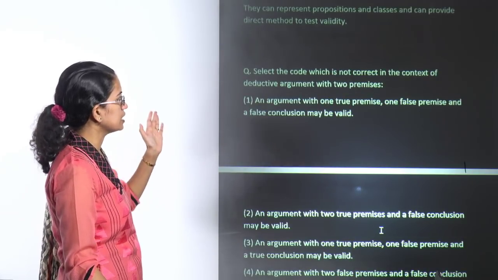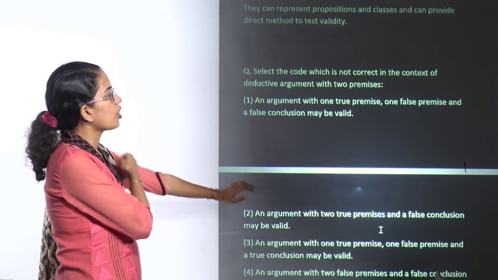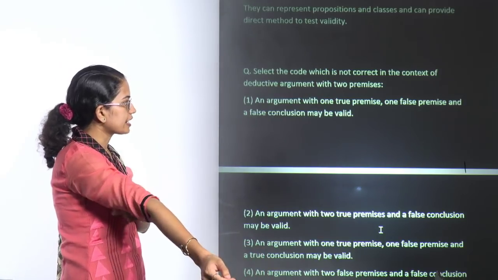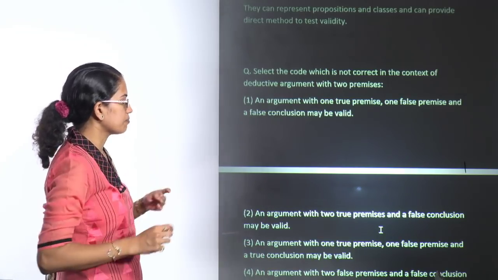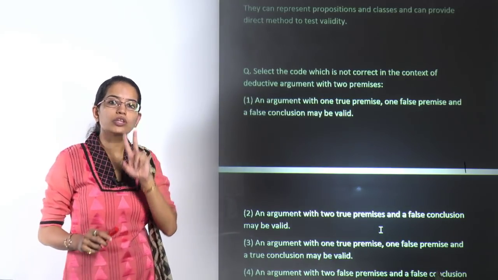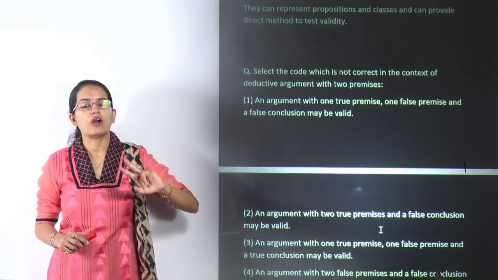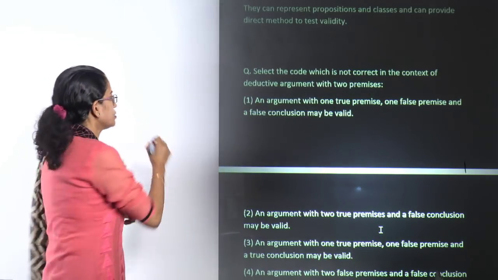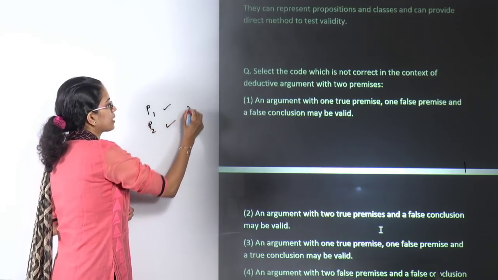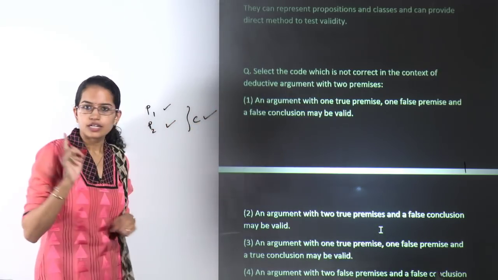So third becomes an incorrect option for this question. The next question is, select the code which is not correct with a deductive argument. So for deductive argument, what is very important, you have to have both the premises true in order for the conclusion to be true. So premise 1 true, premise 2 true, and then I can say conclusion would be true.